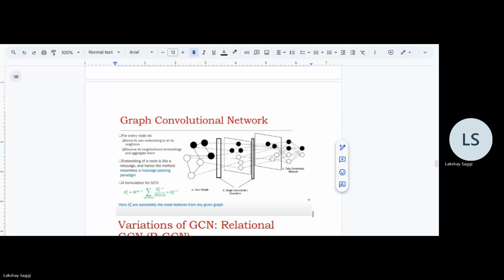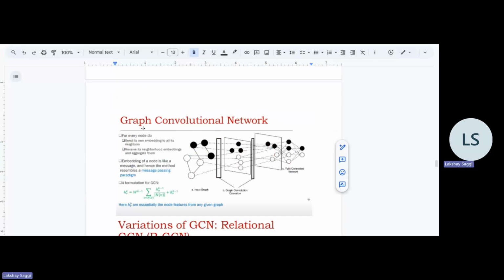This kind of thing is also done in computing page ranks. Every node is kind of an information node, and you're passing the information through the edges. So let's say the information which we're talking about is the node embedding itself.